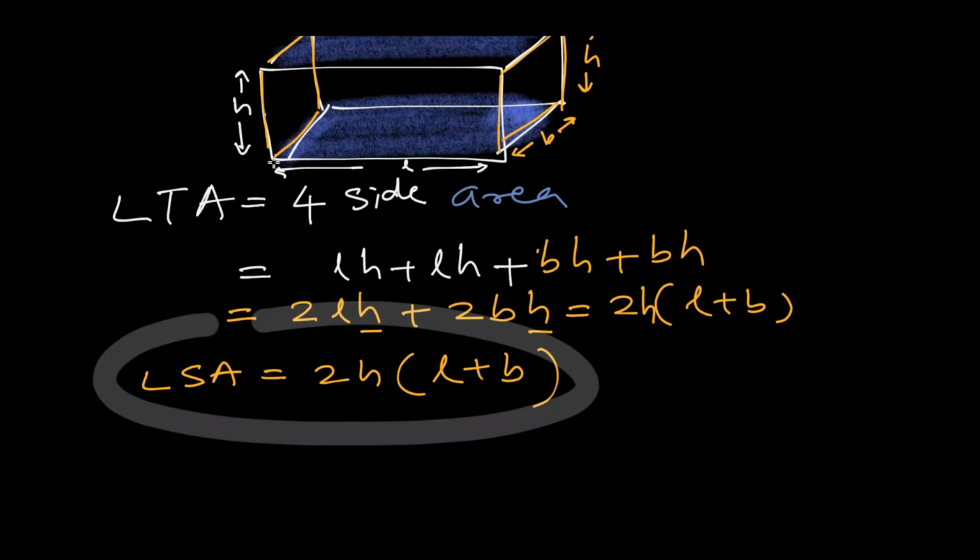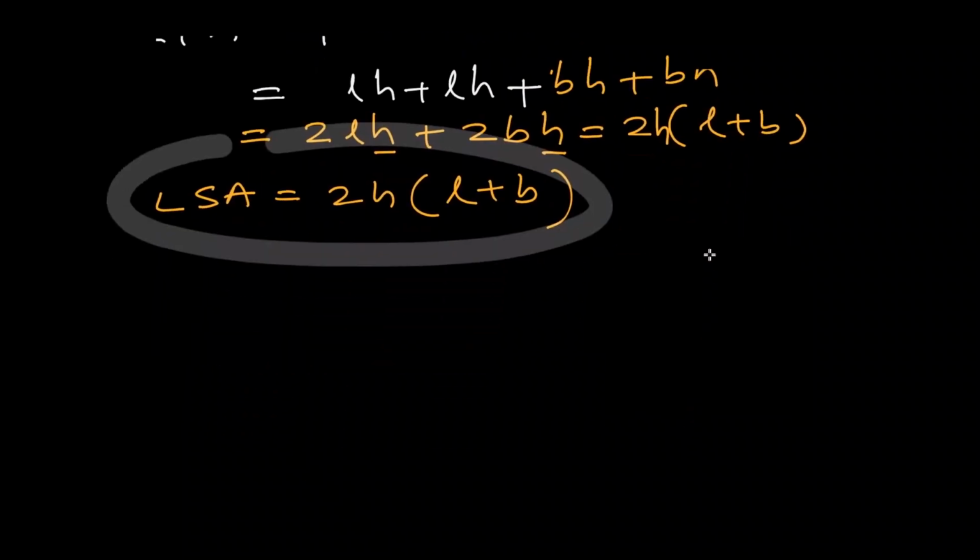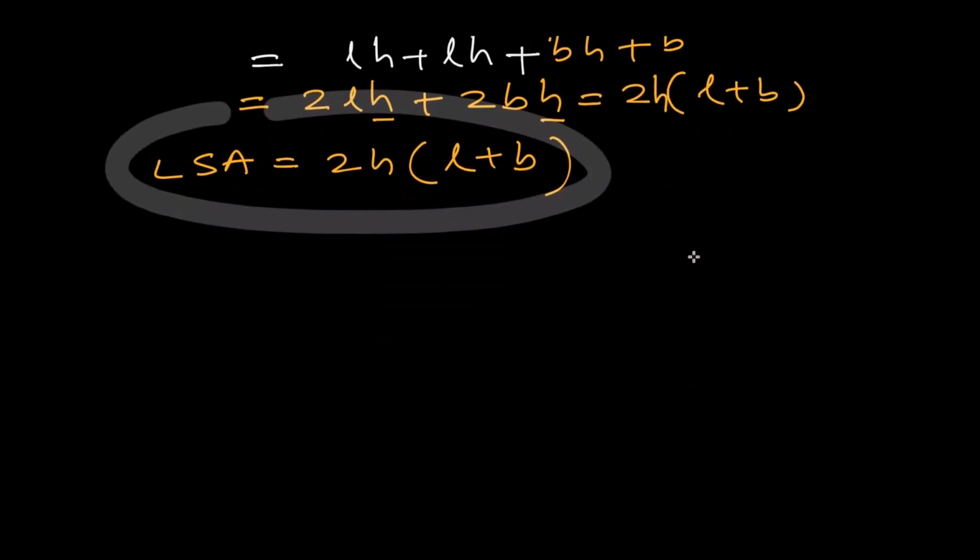Now, in the same way, can we find the total surface area? Yes, it is exactly the same as the lateral surface area, but we are going to take six sides. So if we take all six side areas into account, then it is going to be the total surface area. Let me draw the rectangle one more time.